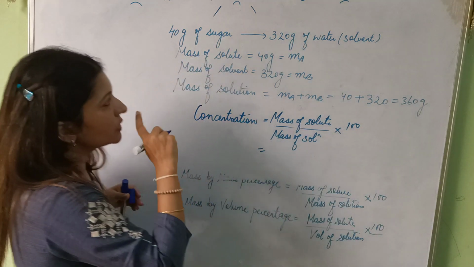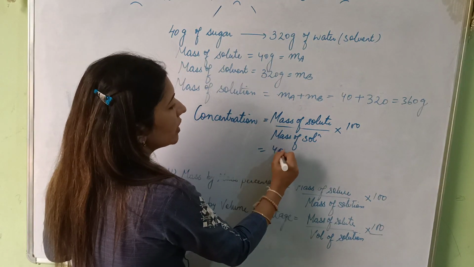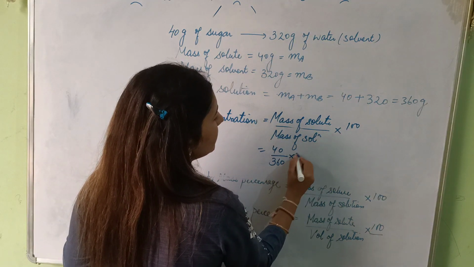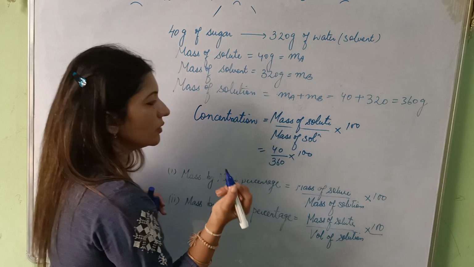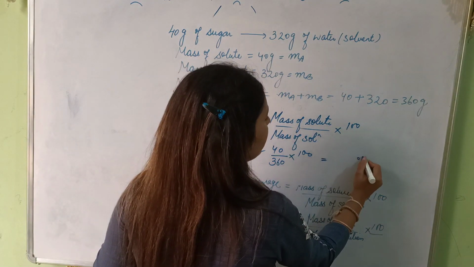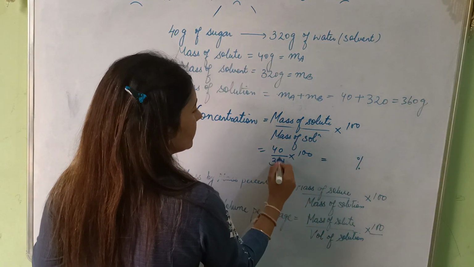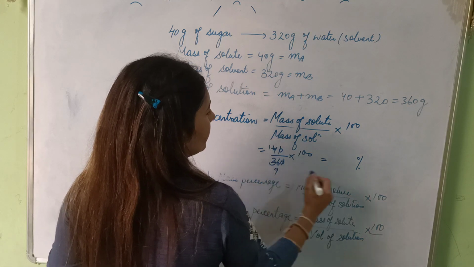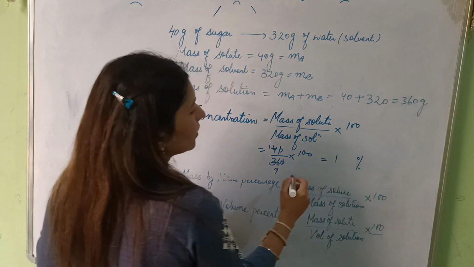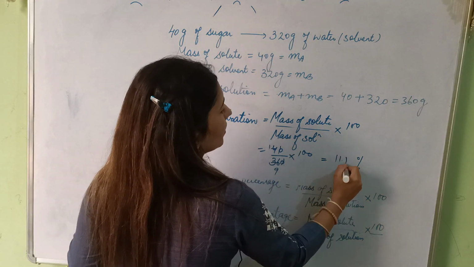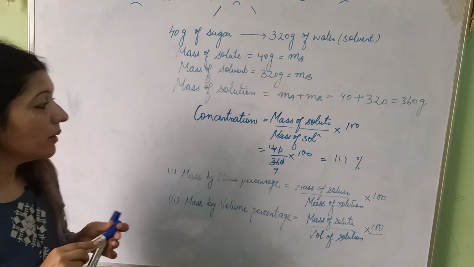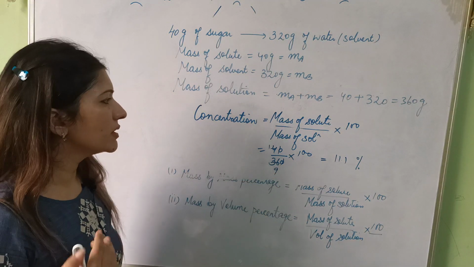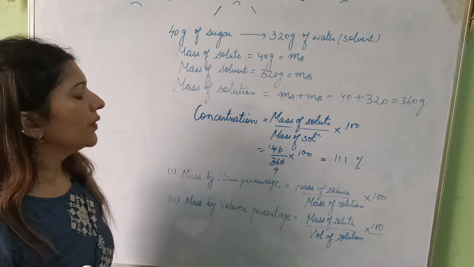So mass of solute in this case is 40 divided by mass of solution is 360 multiplied by 100. So you need to calculate, and answer will be in percentage. This is 11.1%. So concentration of the solution is 11.1%. This is quite easy, nothing much.